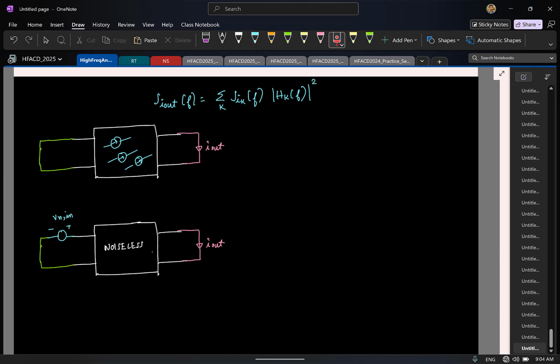But then we noticed this works well if the source resistance is 0, but in practice we do not know what will be the source resistance with which the input voltage will be connected. So if you have a finite source resistance Rs, let me show the source resistance here.